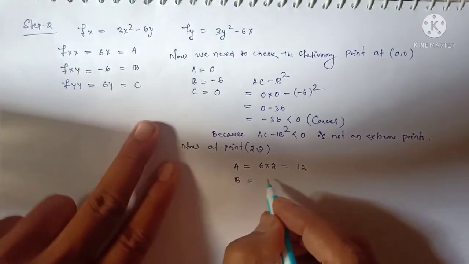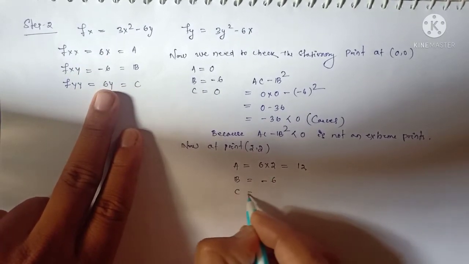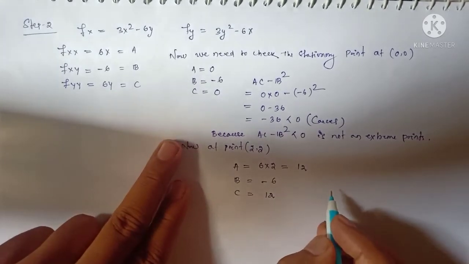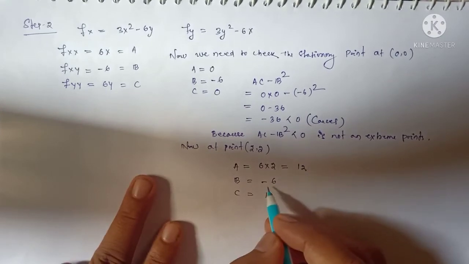B is equal to minus 6 as well, because no variable here, and C is equal to 6 into y, that is 12 as well.